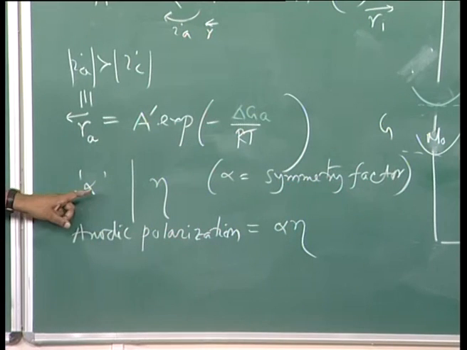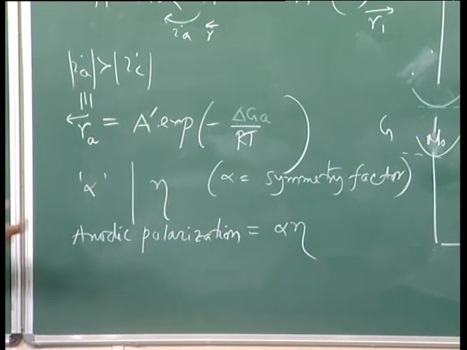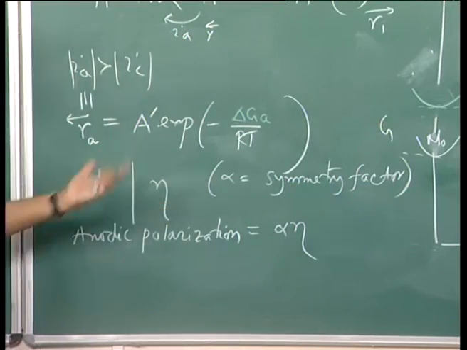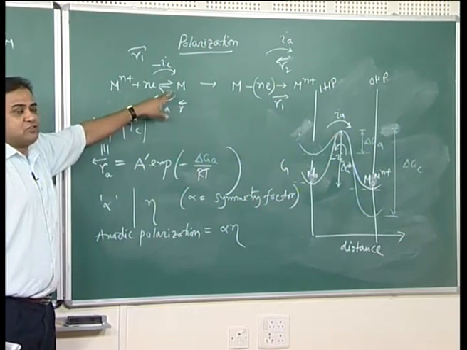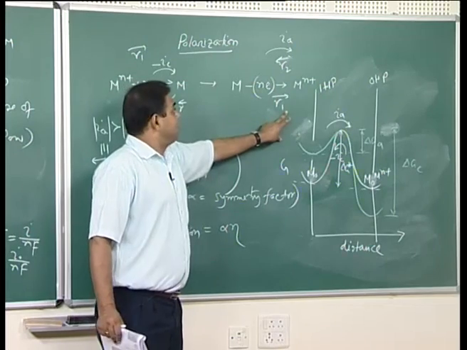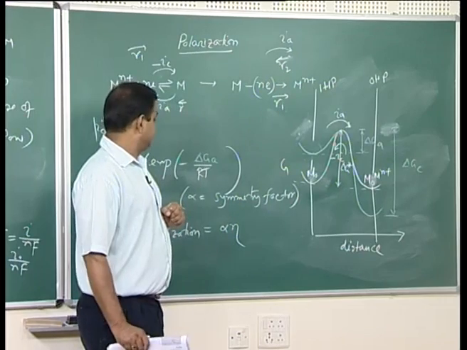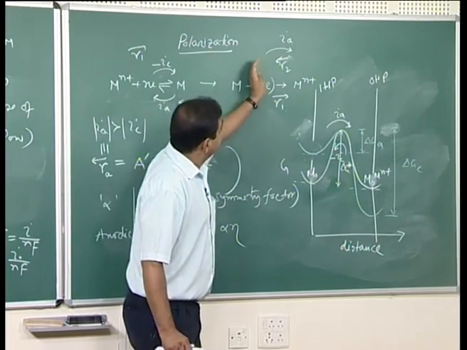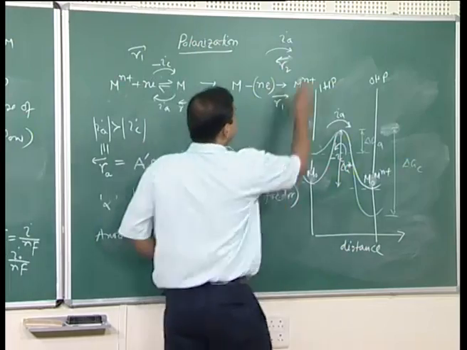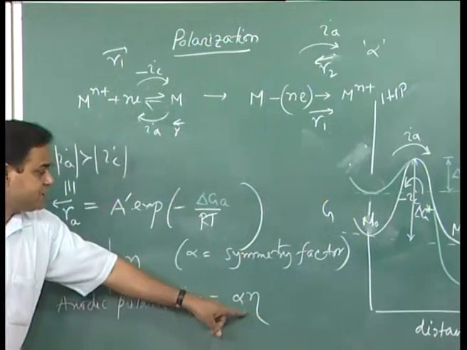If alpha is the extent of polarization for the anodic process and this is my total polarization, then my anodic polarization value would be alpha eta. This polarization is happening because we have already disturbed this equilibrium. No longer do I have this equilibrium; we have a process where this rate is more than the reverse rate. And since alpha is the extent of polarization, my total anodic polarization would be alpha eta.